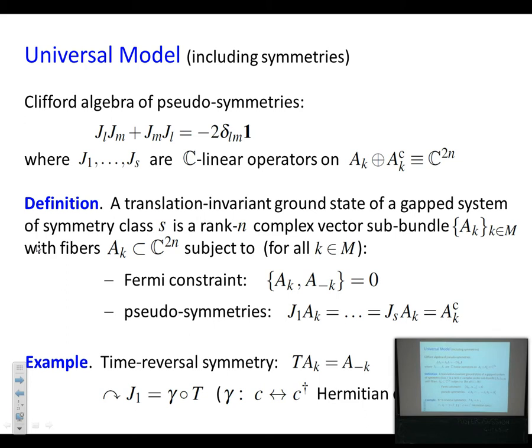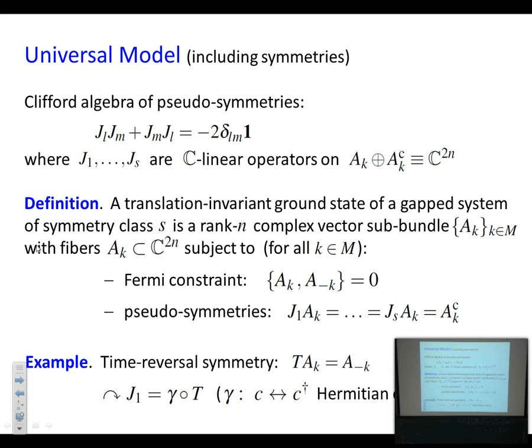Let's say time reversal is a symmetry. If so, applying the time reversal operator to any annihilation operator at momentum k, I should get an annihilation operator at momentum minus k. That's just a statement of symmetry of the ground state. Now, let gamma be the operation of Hermitian conjugation in Fock space, swapping annihilation and creation operators. Then composing T with this gamma, we get an operator.